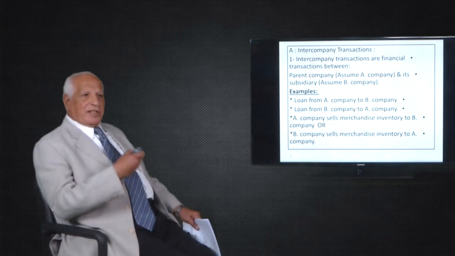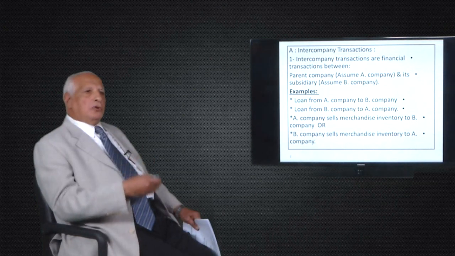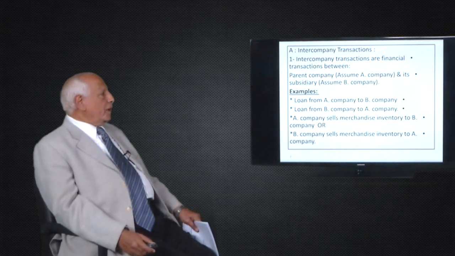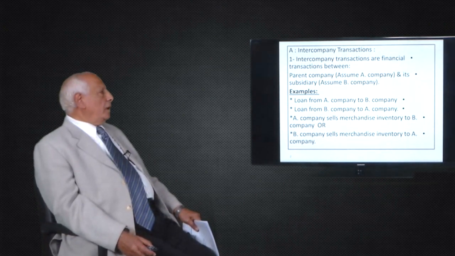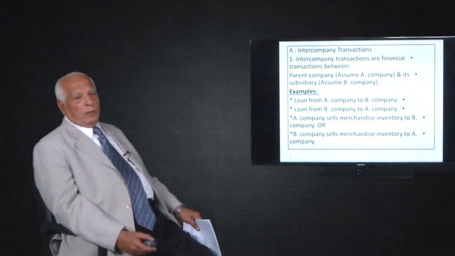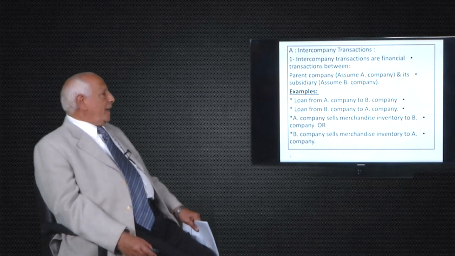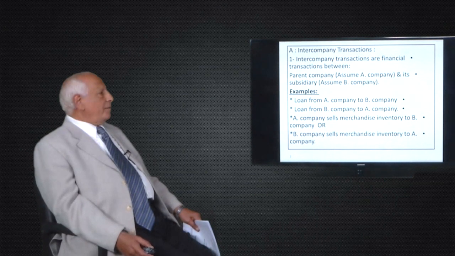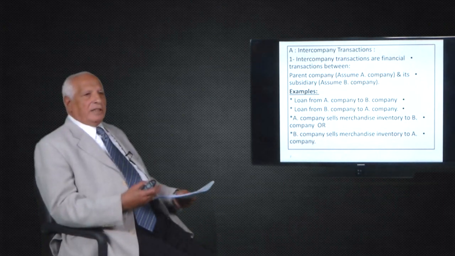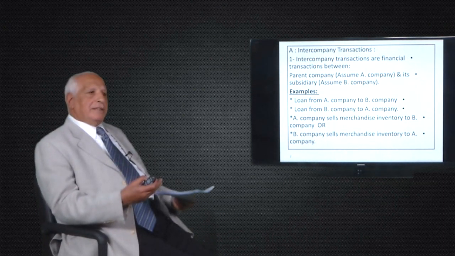They need a loan, and instead of going to the bank, they take a loan from A, the loan from A to B. Or the opposite, a loan from B company to A company. We also have A company selling merchandise inventory to B, or B company selling merchandise inventory to A. This is the kind of intercompany transaction between parent and sub.